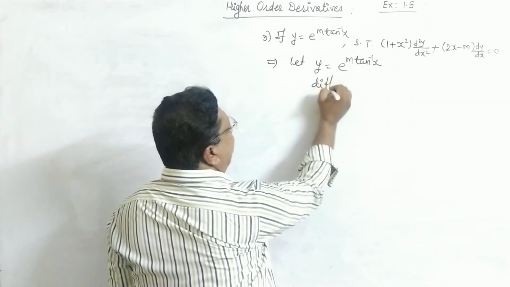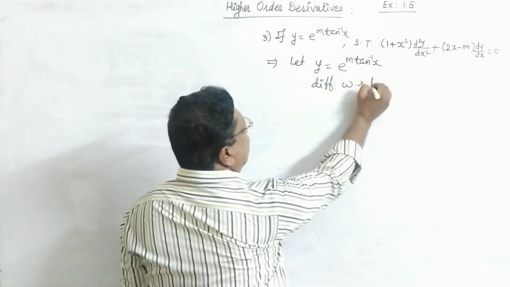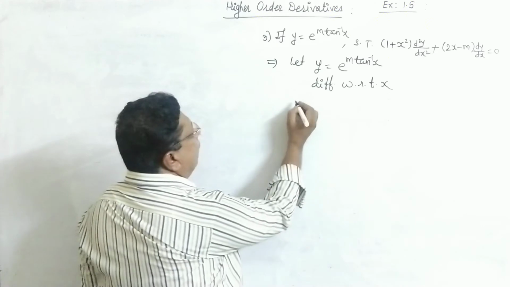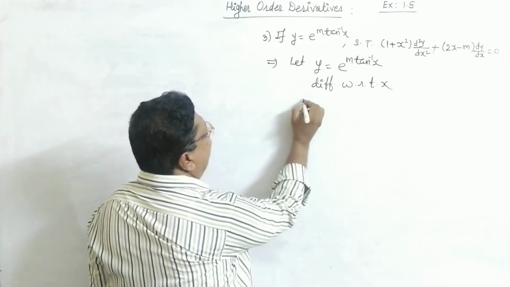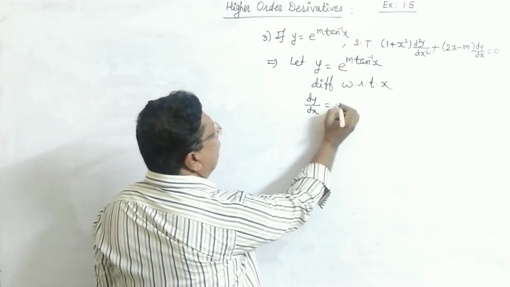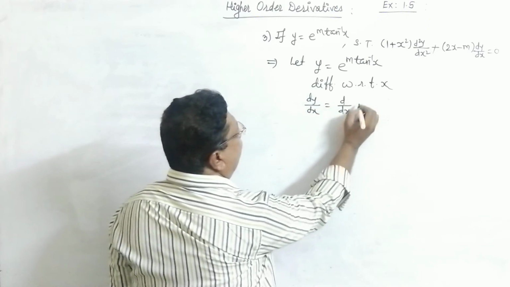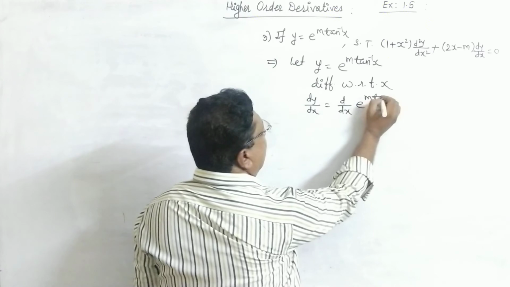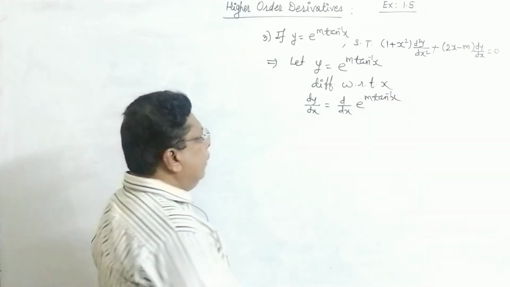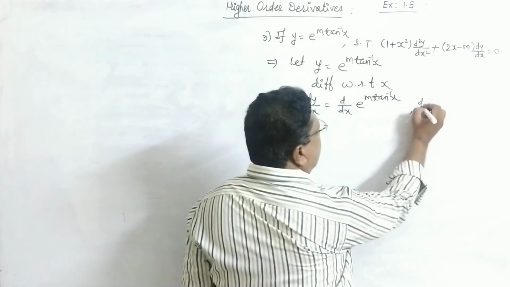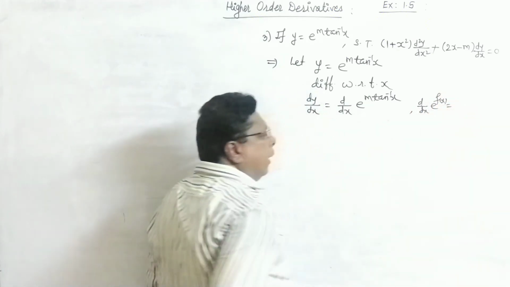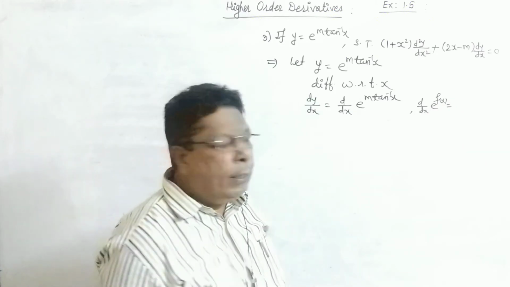Differentiate with respect to x. Derivative of y with respect to x is dy by dx. Here d by dx of e power m tan inverse x. Now here use the formula, derivative of e raised to f(x). What is the derivative of e power f(x)?